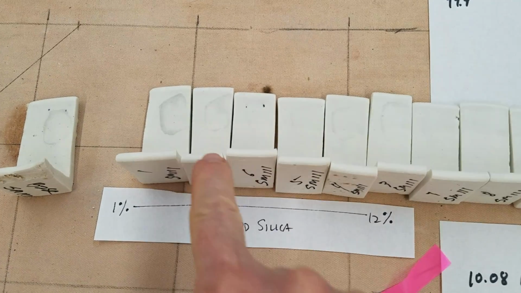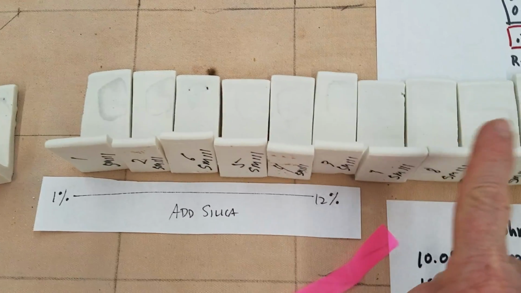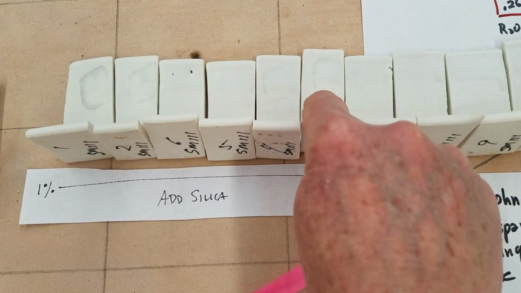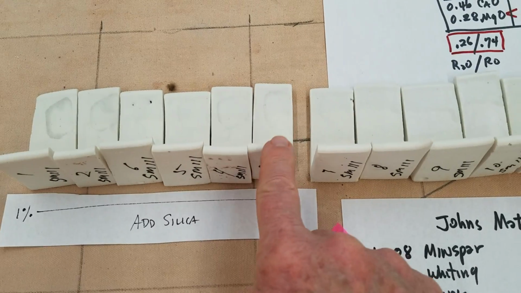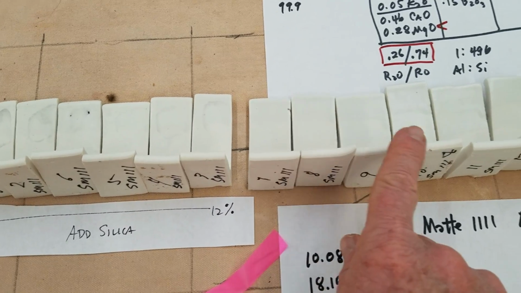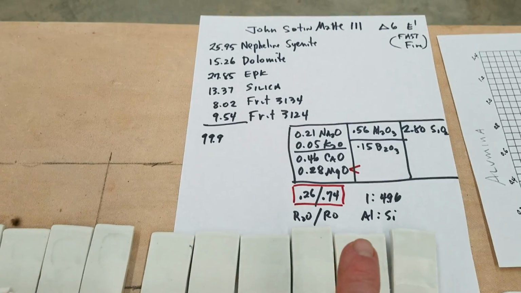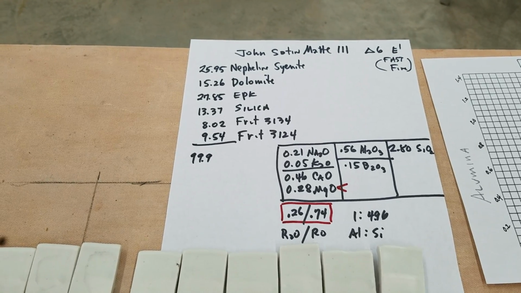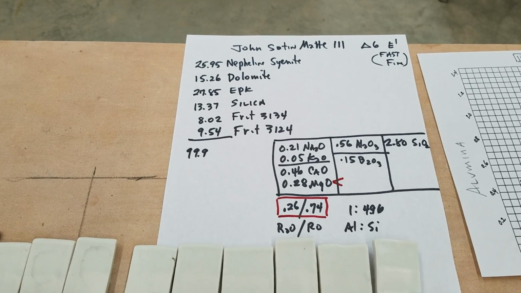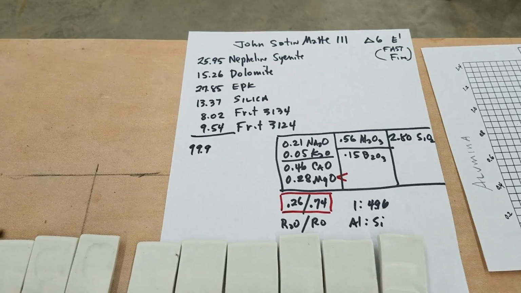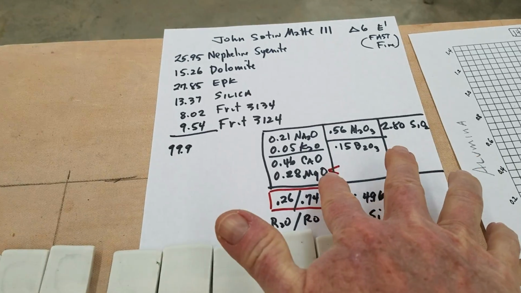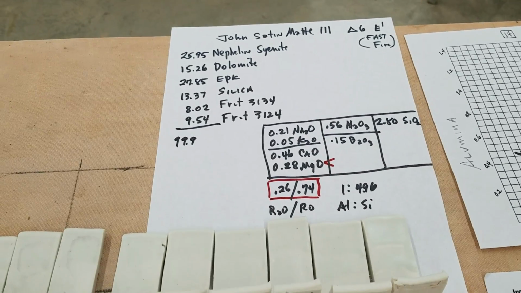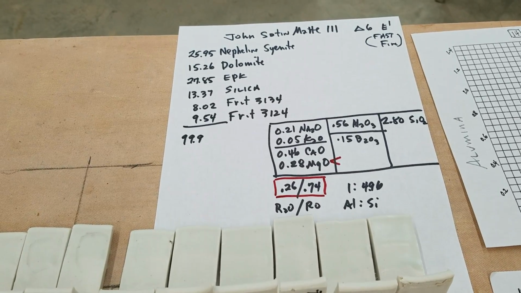You can see here when I put the India ink on, it was all matte until there and pocky until about right here. And this is this recipe. It's also got a lot of EPK in it, but this one I traded some of the calcium for magnesium, and that gives you satin matte colors.